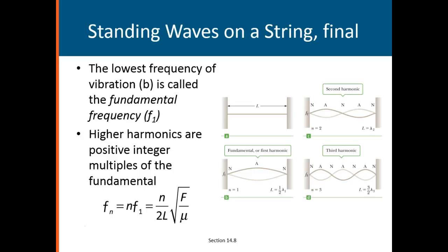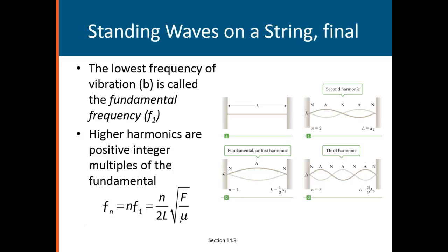Now, what has to be true about this? This length between this node and that node has to be exactly 1/2 of a wavelength, because it's only going in one direction. It comes down and does the second, that's the second half, okay? That's it. That's called the first harmonic.